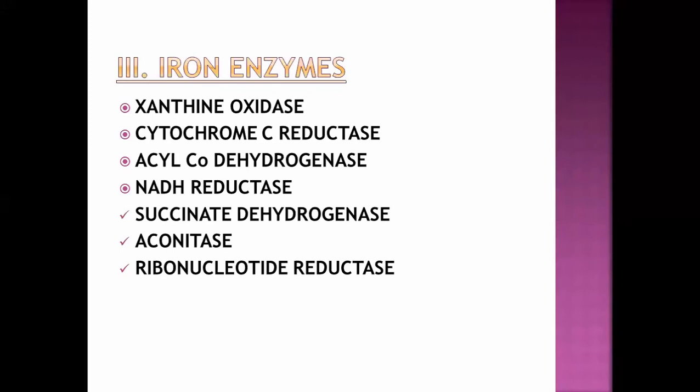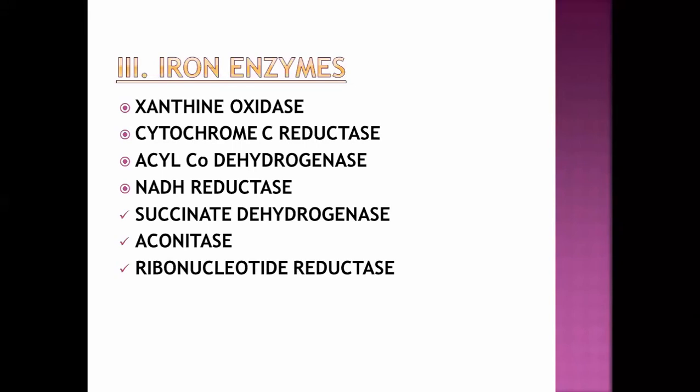Four minerals. In your syllabus it will come continuously in different modules, but there are four important minerals: copper, zinc, magnesium, and iron. From the enzymatic dependency point of view: xanthine oxidase, cytochrome C reductase, acyl CoA dehydrogenase, NADH reductase.